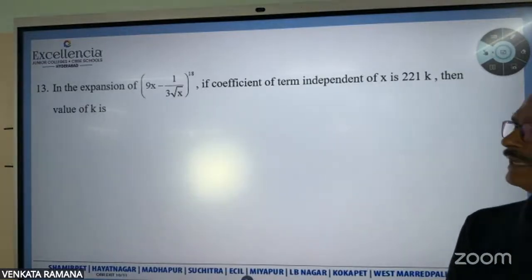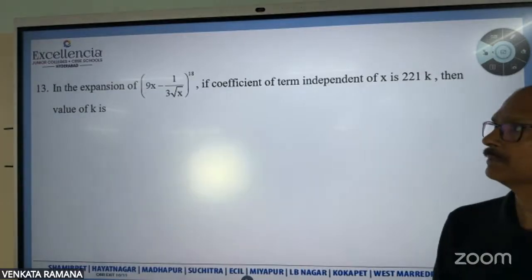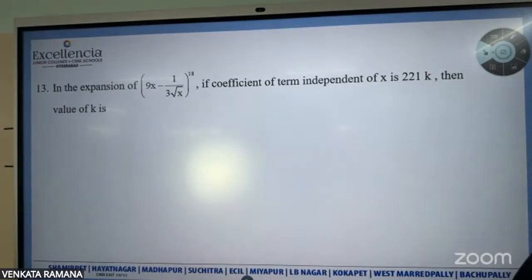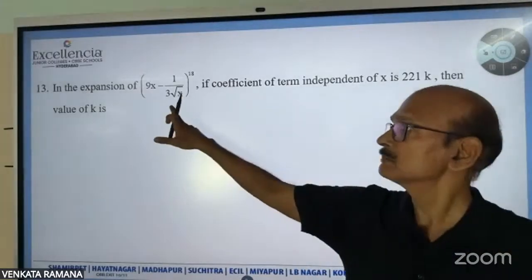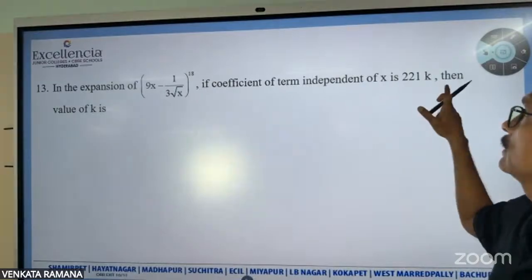In the expansion of (9x minus 1 by 3 root x) to the power of 18, the coefficient of the term independent of x is this one.